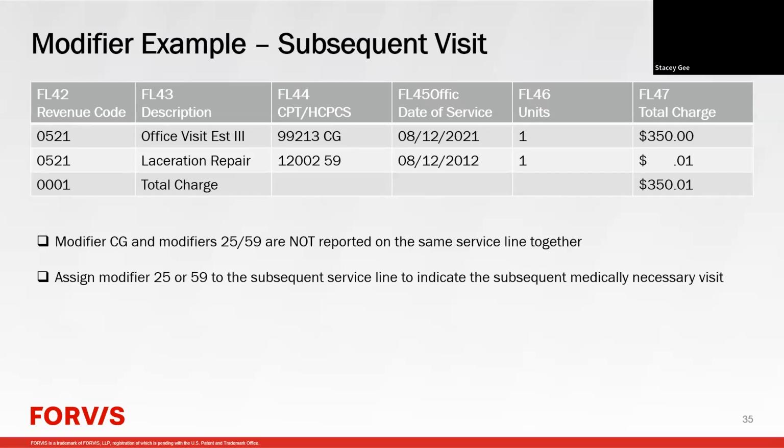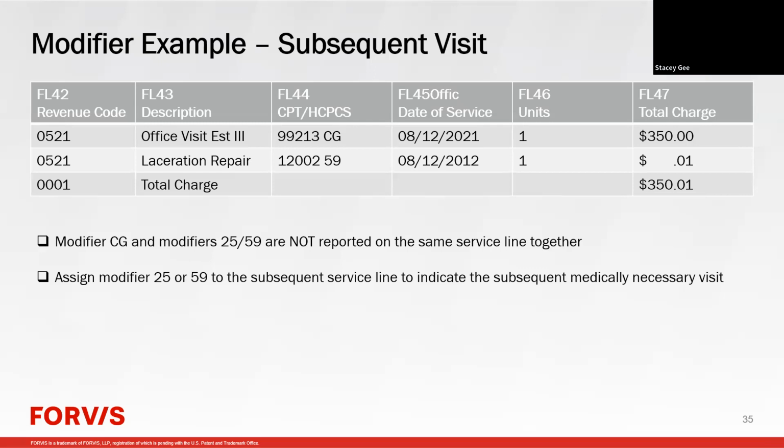And then let's say something happened where that patient came in that morning and had that level 3 visit. And then later in the day, I fell and got a laceration, and I come back to the clinic for some sort of laceration repair. You're going to put those on the same claim.